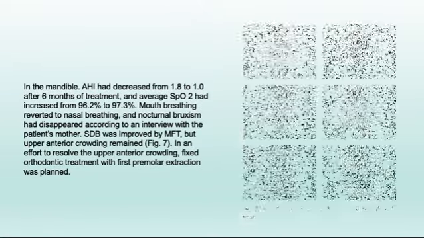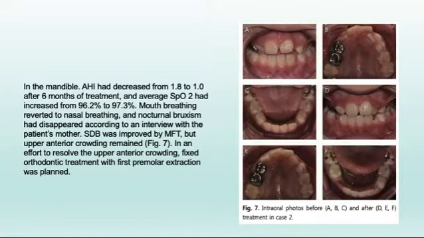AHI had decreased from 1.8 to 1.0 after 6 months of treatment, and average SpO2 had increased from 96.2% to 97.3%. Mouth breathing changed to nasal breathing, with no nocturnal bruxism.